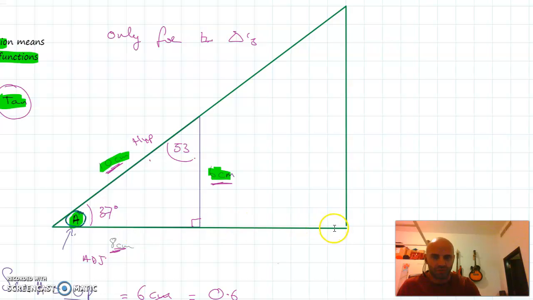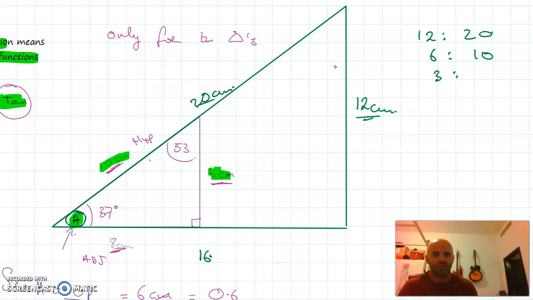I've basically just doubled the size of everything on the triangle, which means that this side is now 12 centimeters, and this side would now be 20 centimeters. But because this keeps the same ratio, I've got 12:20. Well, it's the same thing as 6:10, which is the same as 3:5.